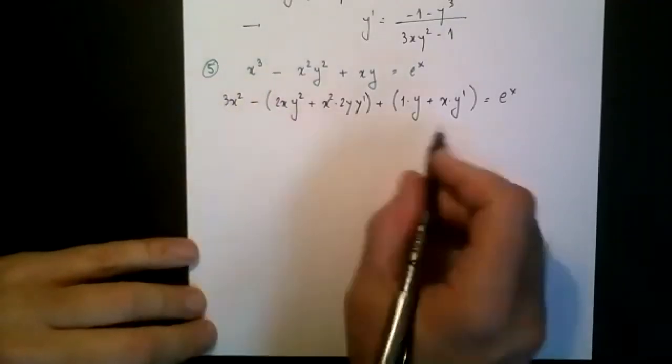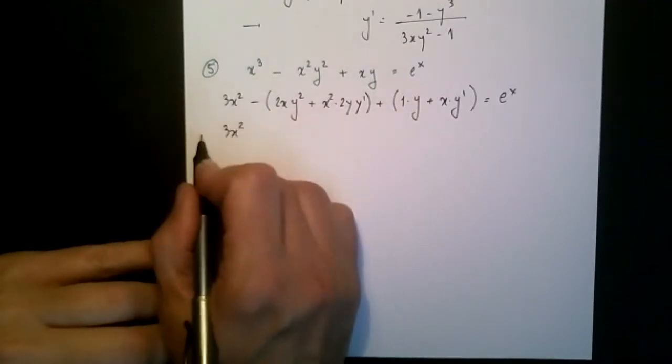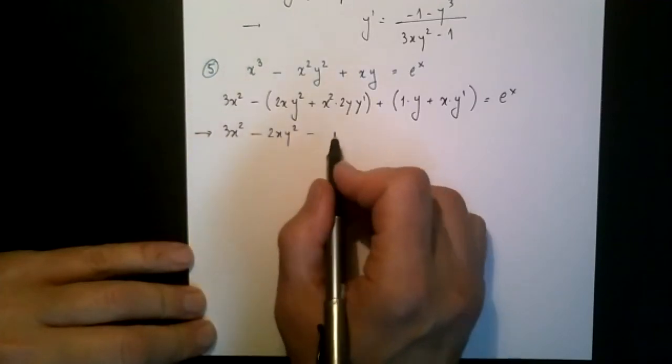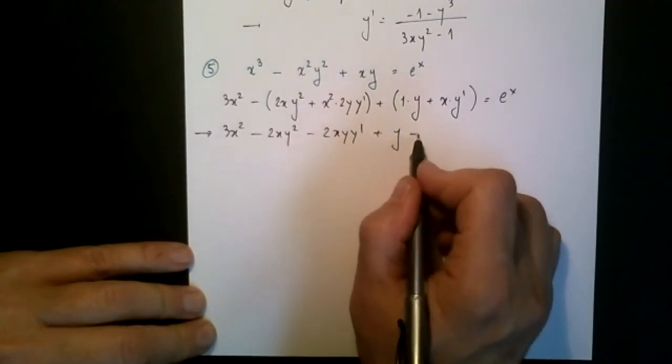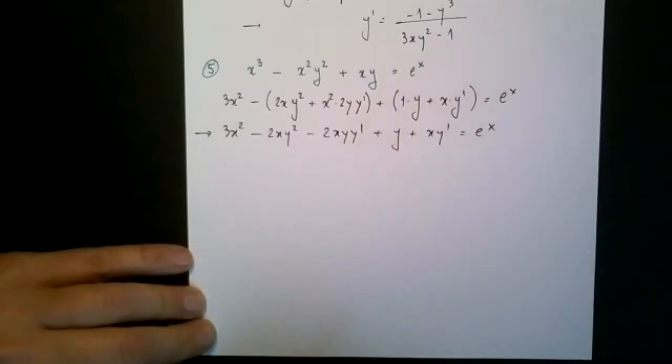So let's do it. First thing, I'm going to get rid of the brackets. I want to go slowly. So 3x squared minus 2xy squared minus 2x squared y prime plus y plus xy prime equals e to the power x.